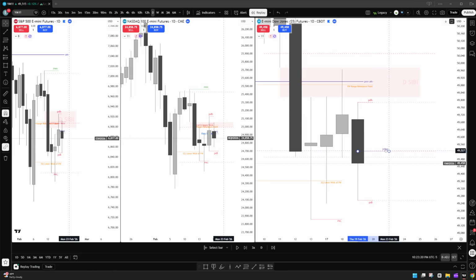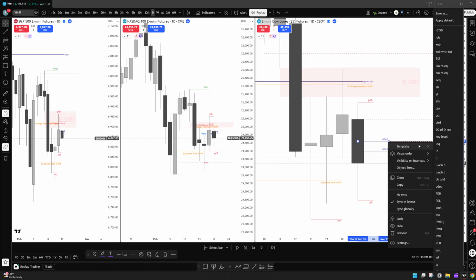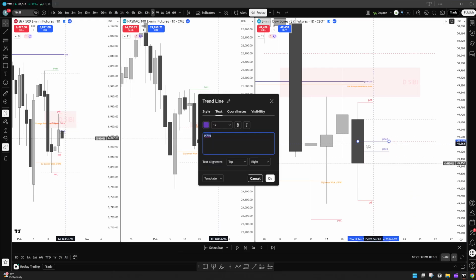Okay, but also because we have long wicks on both sides, I also want to measure EQ of just the body and see if we get any key levels that line up nicely. So let me just do this.